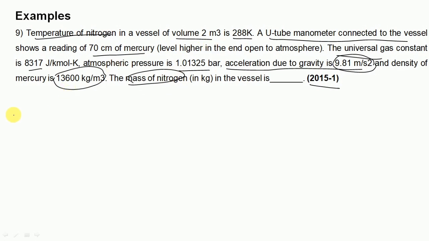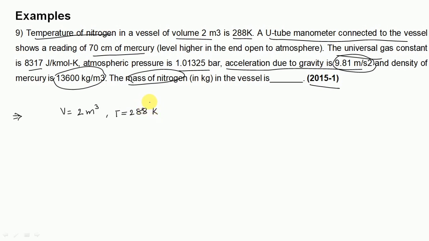So let's collect the data. From the given data, we can write over here the volume is 2 meter cube. Temperature is given, so write temperature is 288 Kelvin.